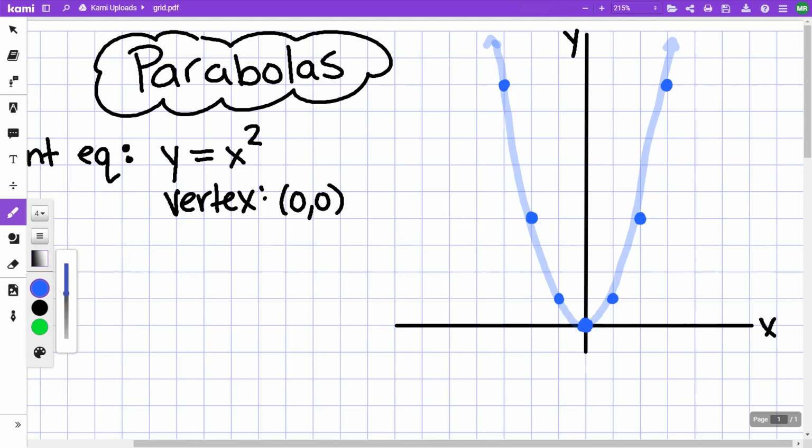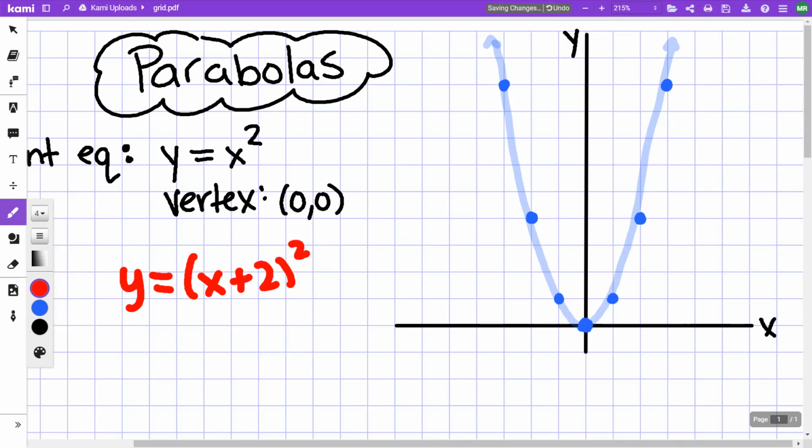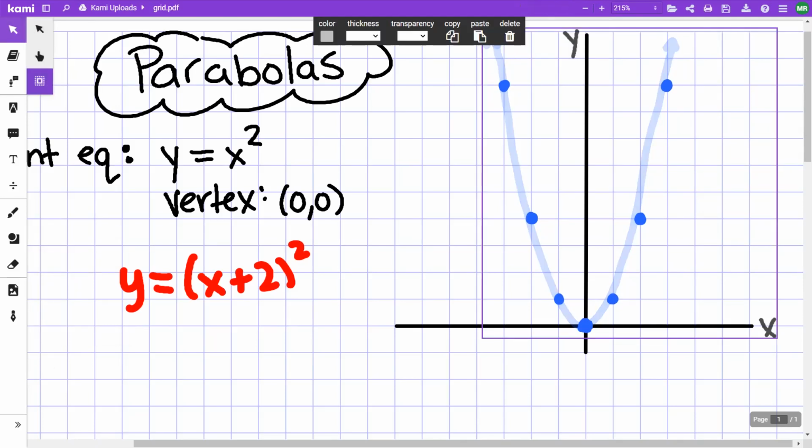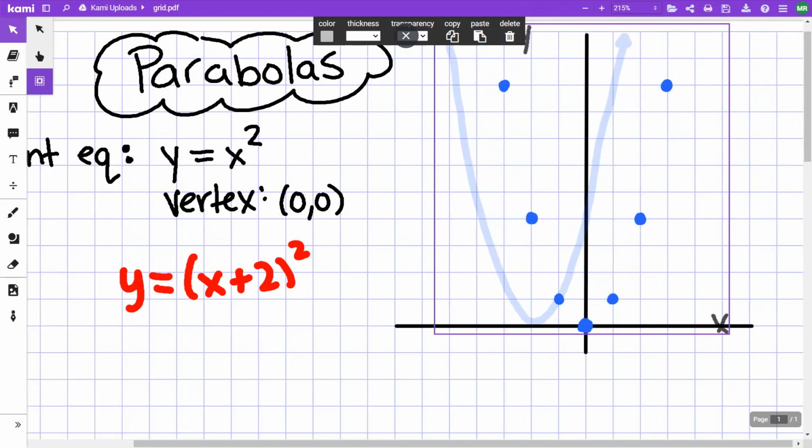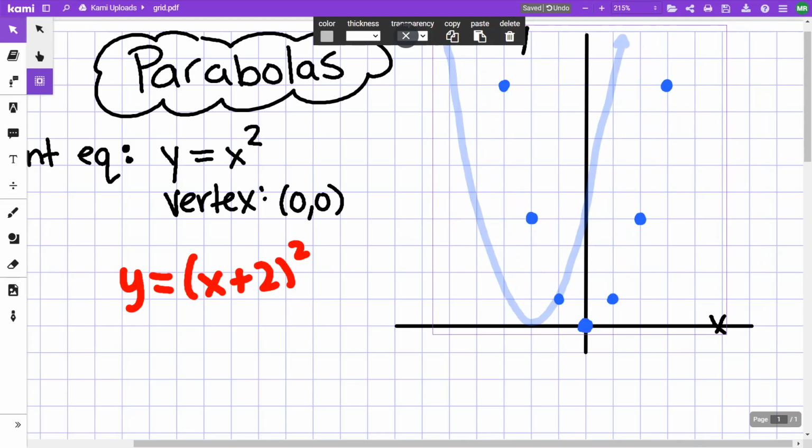If I have y equal the quantity x plus 2 squared, well, what makes the x plus 2 become a 0? That would be a -2. So what that means is this parabola would move 1, 2, and that's where that parabola would be. It would be the exact same parabola.